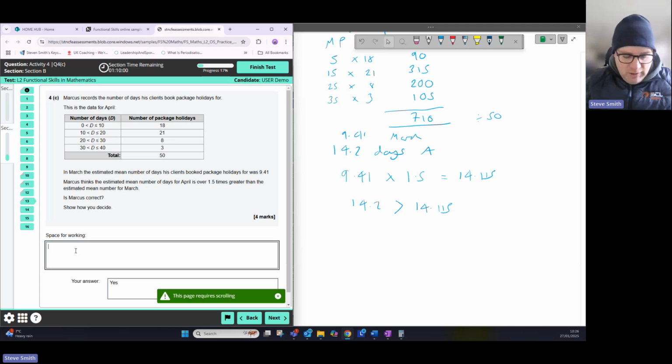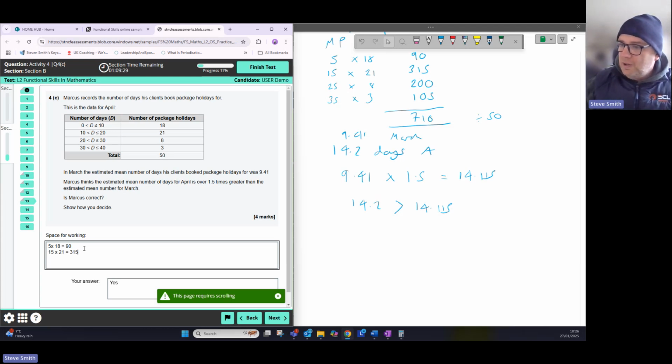So let's put here, estimate, 4 marks. I would be tempted to go 5 times 18, which is 90, and then 15 times 21. This is where your time gets eaten up, but you might have done this as you were working on it. Equals 315.